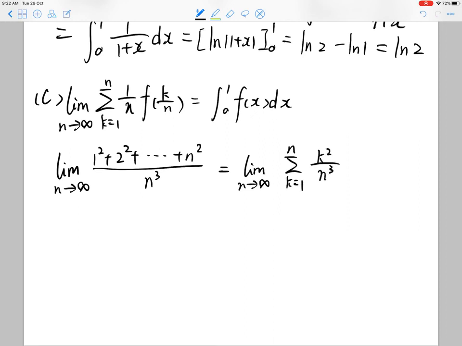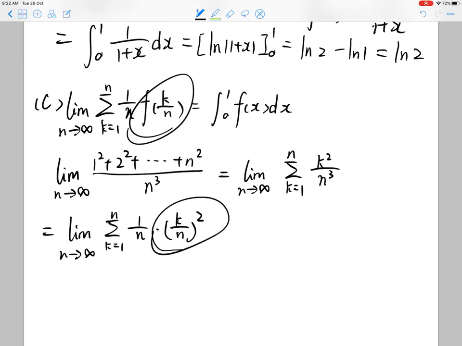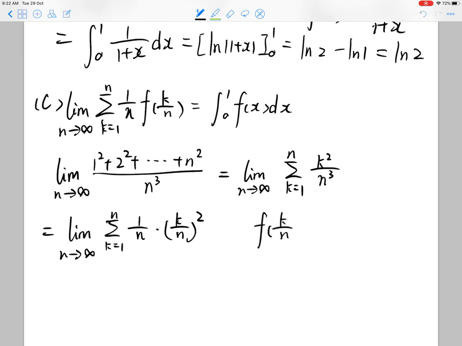Now you want to separate 1 over n, which means this part is the limit of 1 over n times (k over n) squared. So now your f(k/n) is (k over n) squared, which means your f(x) is x squared.